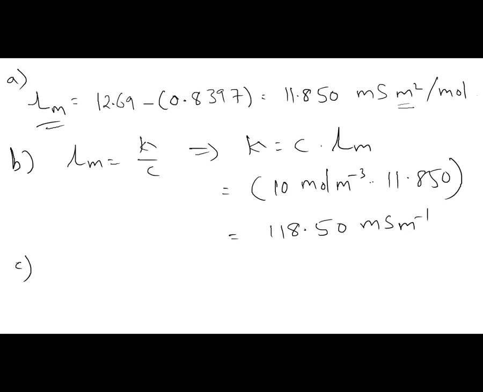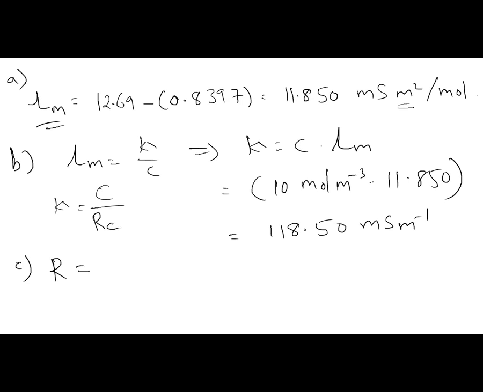What about the third one? We need to find the resistance of the cell when we use this solution. As we solved in the previous problems, kappa is equal to C over RC, right?